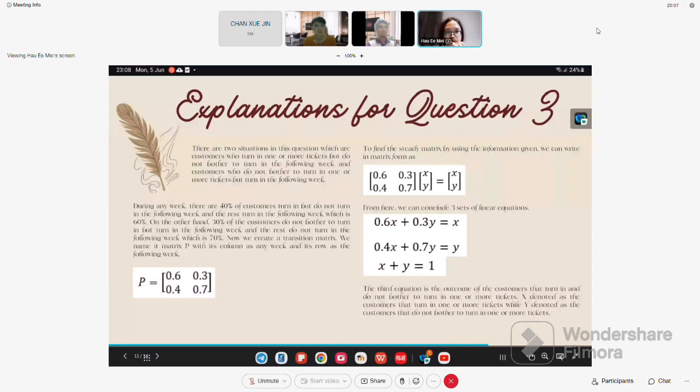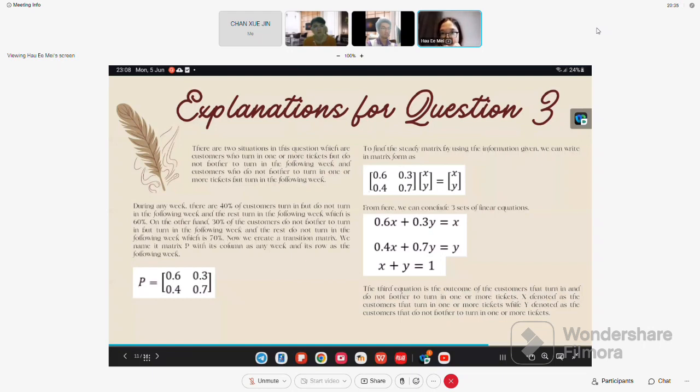So now we create a transition matrix. We name it matrix P, with the column as any week and the row as the following week, which is 0.6, 0.3, 0.4, 0.7. And to find the steady matrix using the information given, we can write in matrix form 0.6, 0.3, 0.4, 0.7 multiplied with x and y equals x and y.